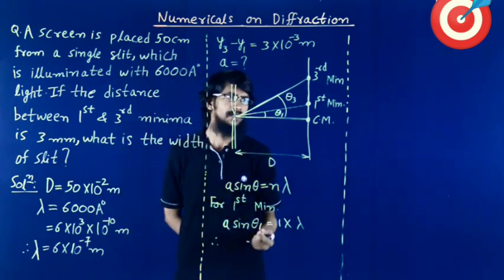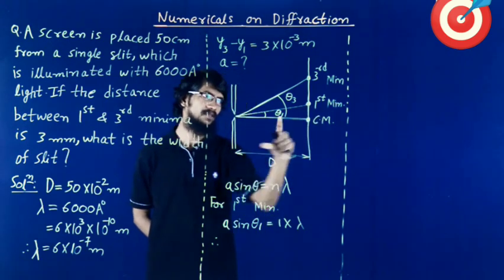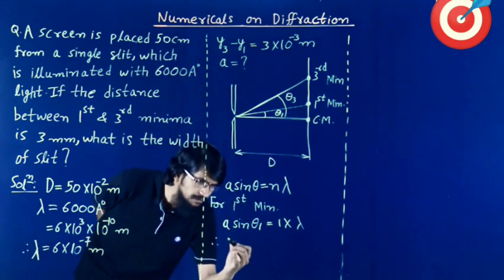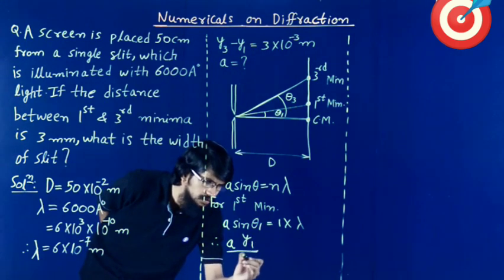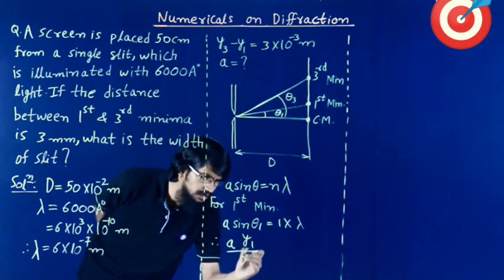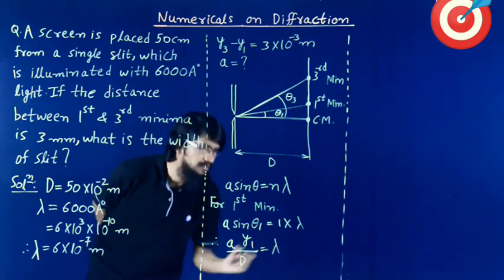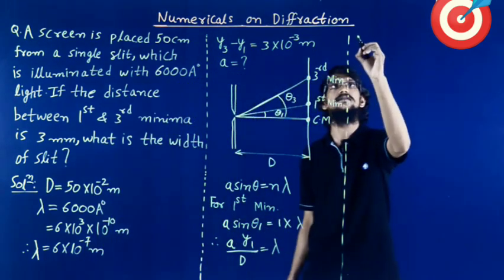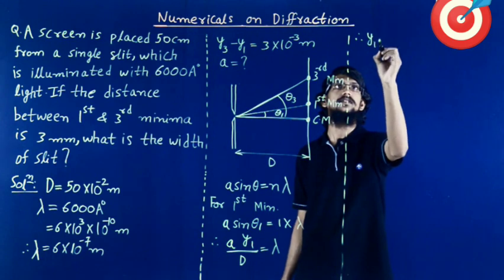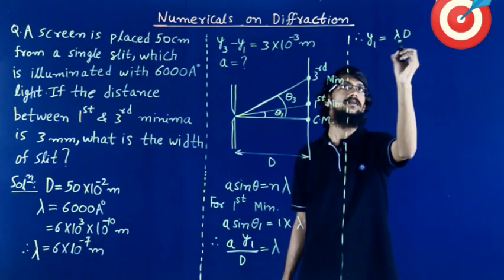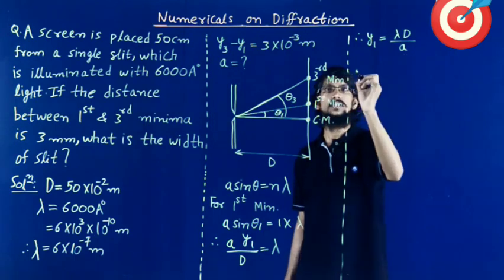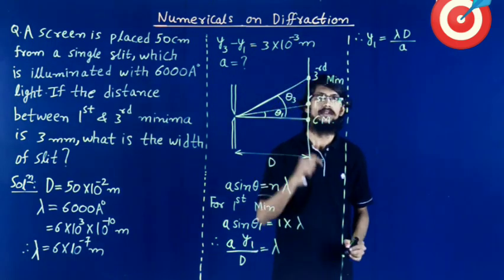What is tan theta? This height upon this base. This height is y1, upon the base, which is capital D, equal to lambda over A. So from here we get y1 equal to lambda D upon A. Similarly, we can write for third minima.